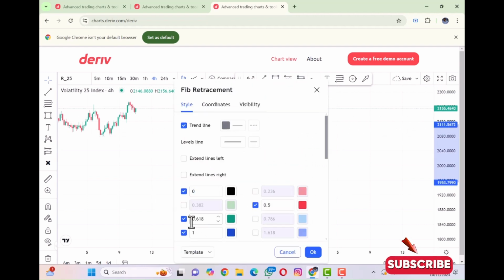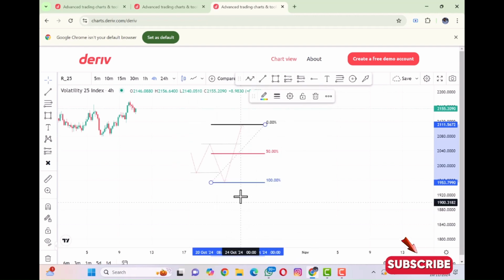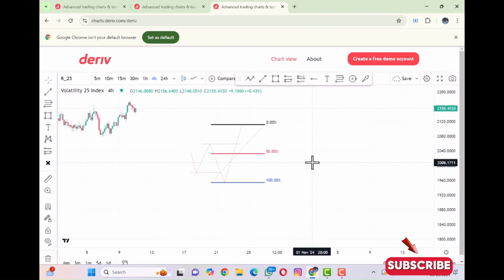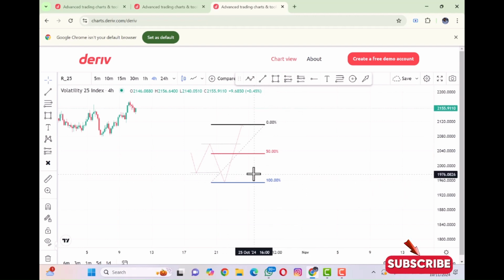I'm going to remove this, I'm going to remove this, and I'll have just 0, 0.5 and 1, which is 50% and 100%. Okay, so this is what I'm going to have. And if you ever want to set up your Fibonacci tool to look like this, once you draw it out, all you need to do is come to this setting and then select these levels which I have marked out.